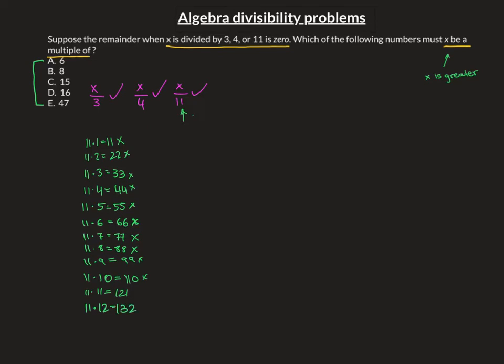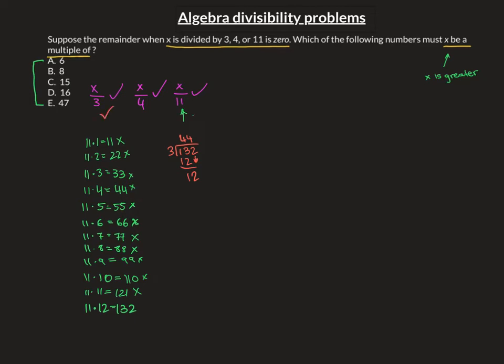Now, just look at this. 132, is it divisible by 3? 13 divided by 3 is 4, then 12, so bring down the 2, 44 times 3 is equal to 132, so that does work.